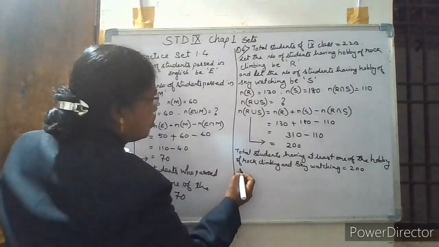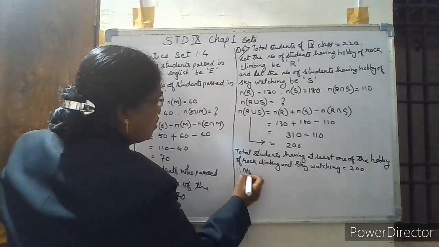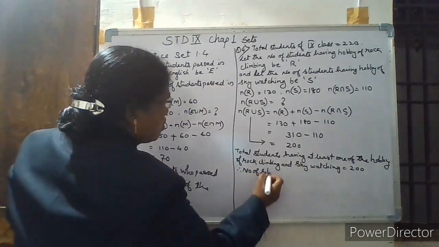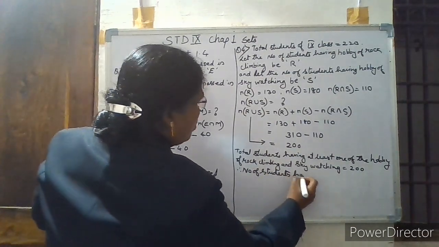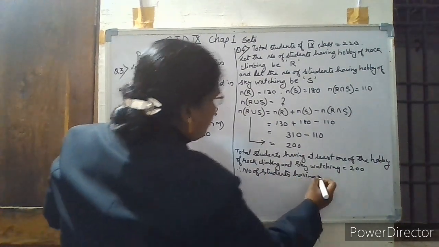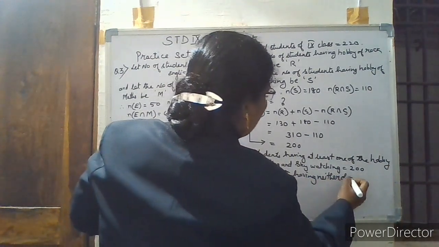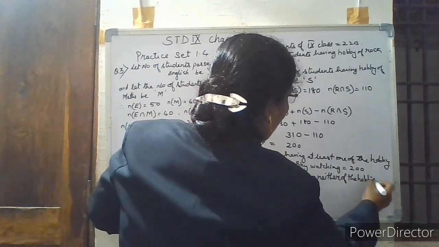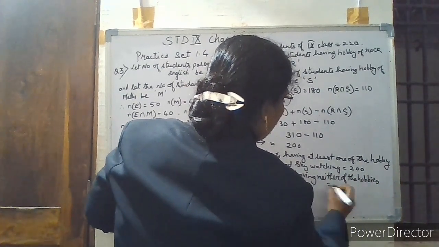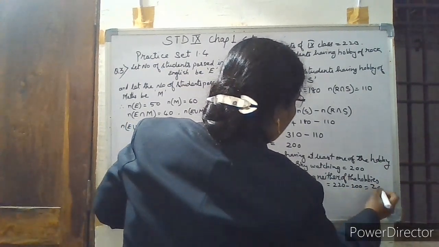Now the number of students having neither of the hobbies is equal to 220 minus 200, equal to 20.